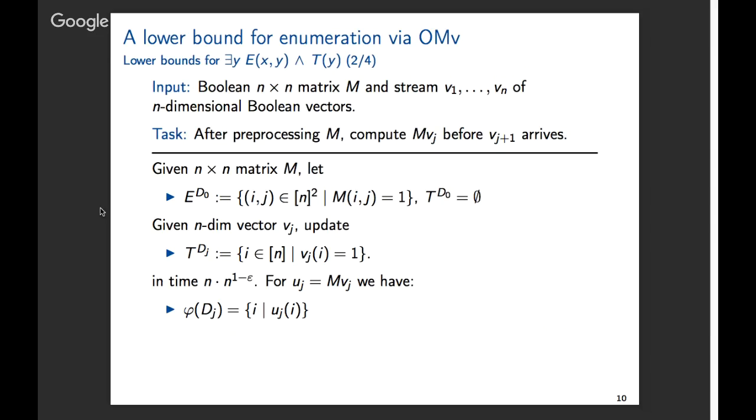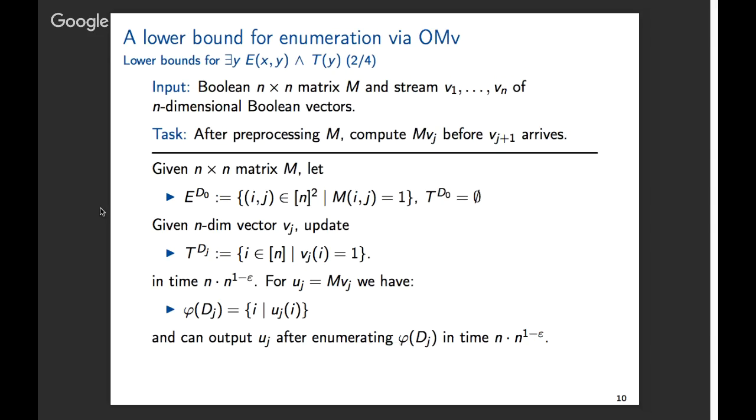After each round, if we compute the query result on the current database, it's not hard to see that this is the matrix vector multiplication of these two vectors. We just say that there exists an index where the row of the matrix agrees with the entry of the vector, so both are 1 and the result is 1.